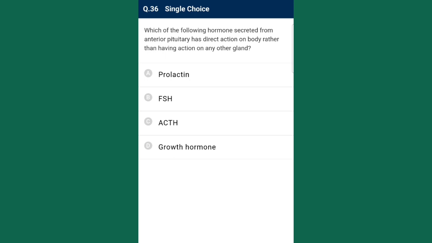The posterior pituitary is called as neurohypophysis. The pars distalis region of the pituitary produces the following hormones such as growth hormone, prolactin, thyroid stimulating hormone, adrenocorticotropic hormone, luteinizing hormone, follicle stimulating hormone. Pars intermedia secretes only one hormone called MSH. So the answer for this question is option D, growth hormone.